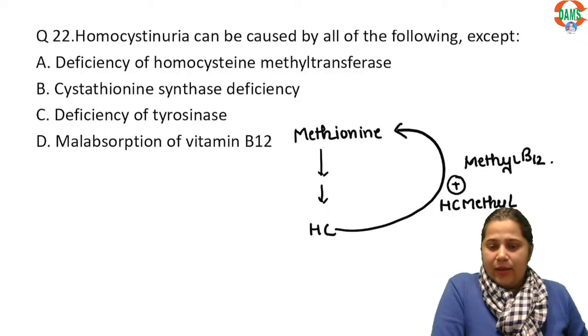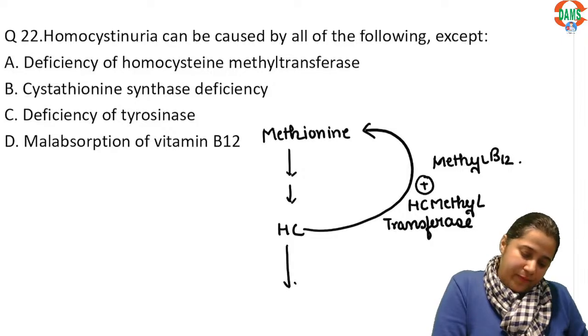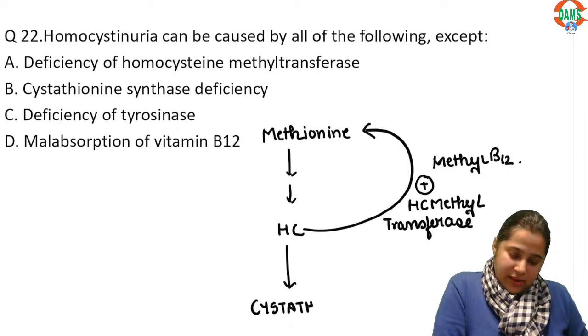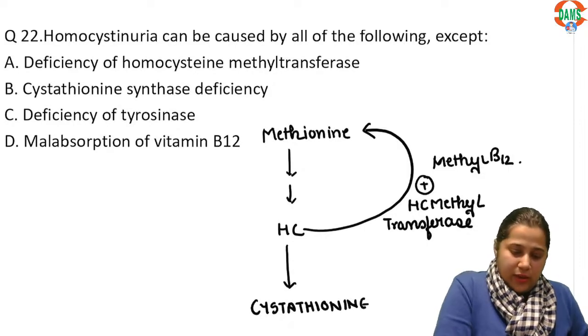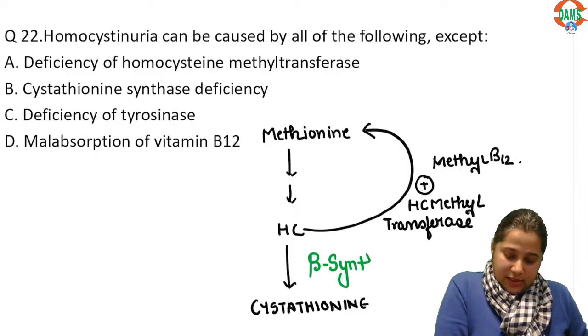At the same time, there is one more fate of homocysteine. It is converted to cystathionine by the enzyme cystathionine beta synthase.